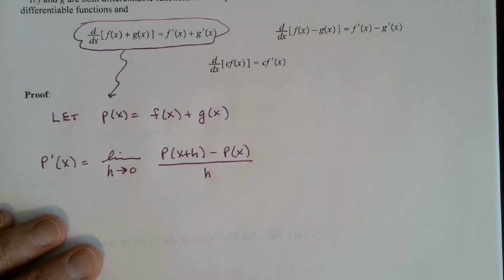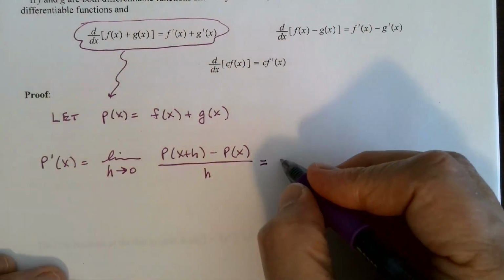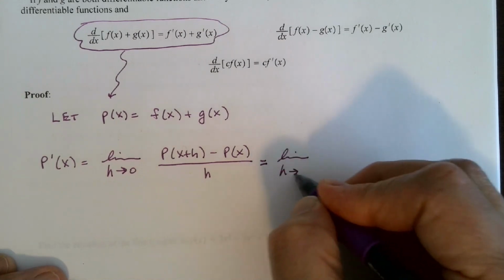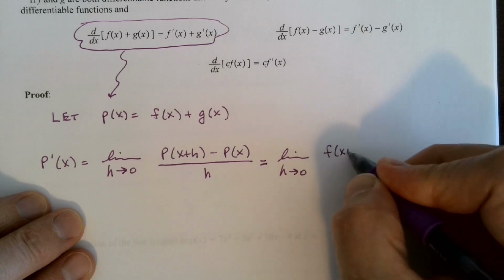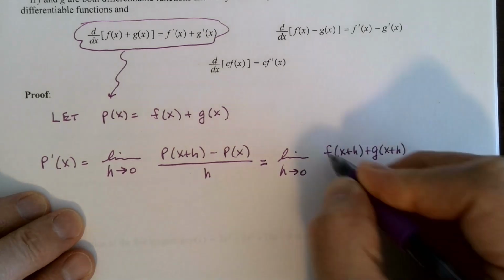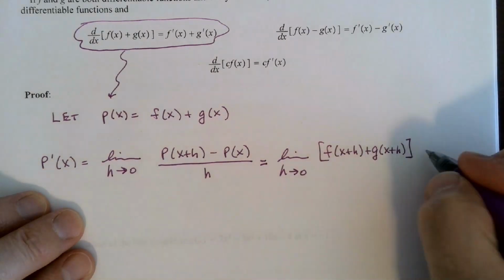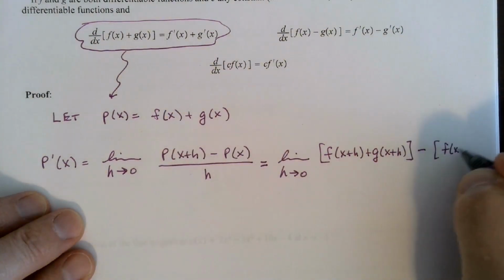All right, that's the limit definition for the function p. So what is this now? This is the limit as h goes to 0. P of x plus h would be f of x plus h plus g of x plus h. And so that's the first one, minus p of x, which is f of x plus g of x.